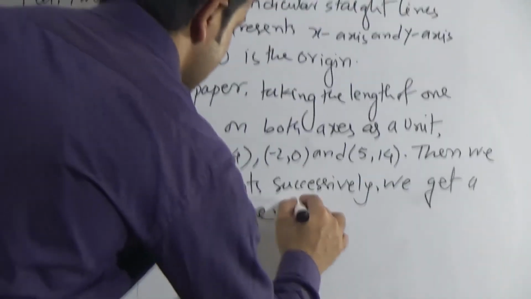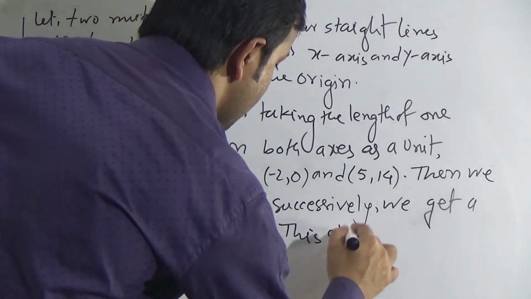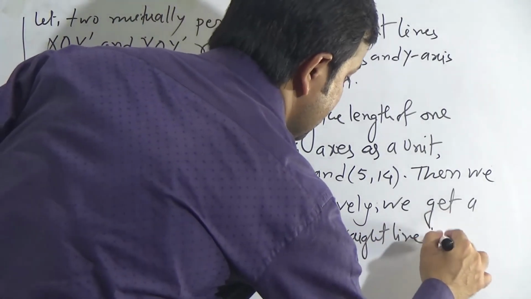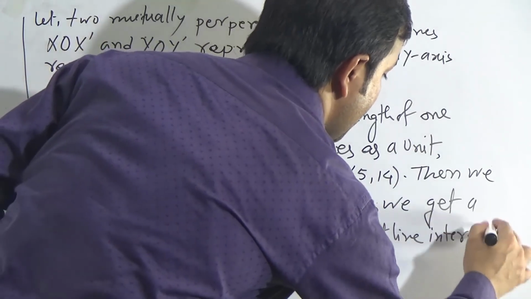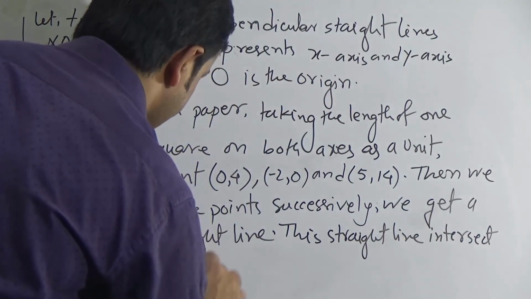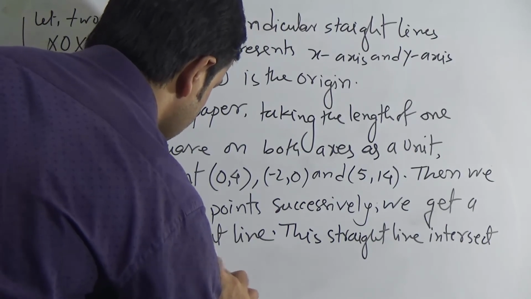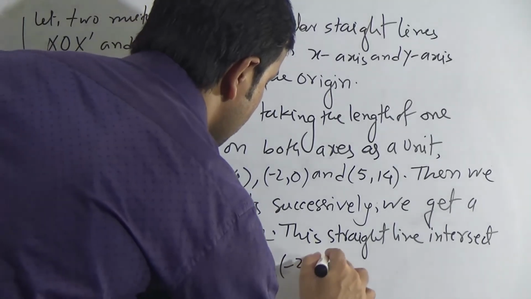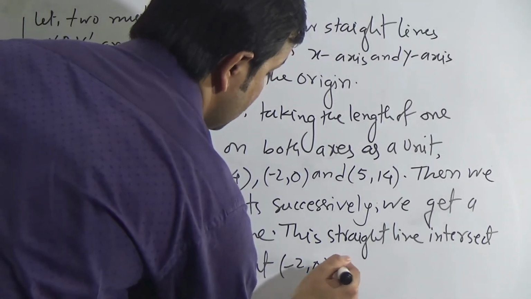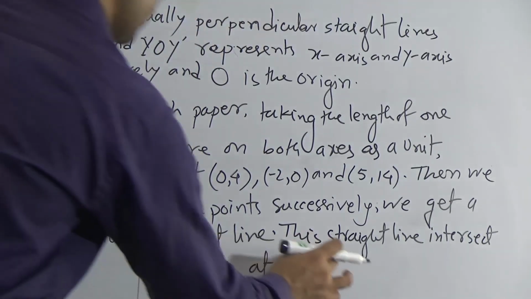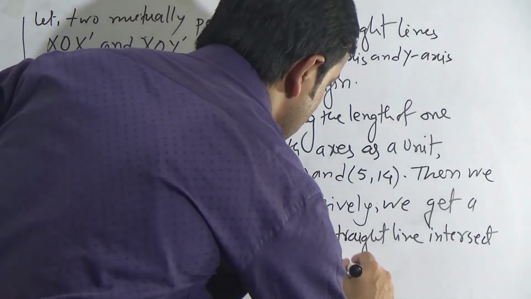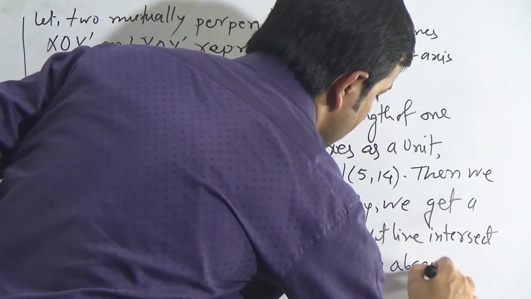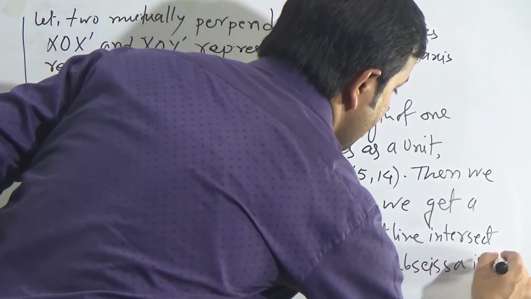This straight line intersects the x-axis at minus 2, 0, whose abscissa is minus 2.